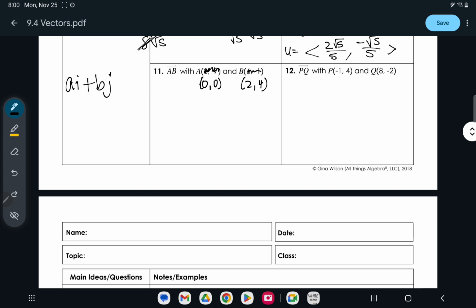So in this form, it would be x2 minus x1 i plus y2 minus y1 j.